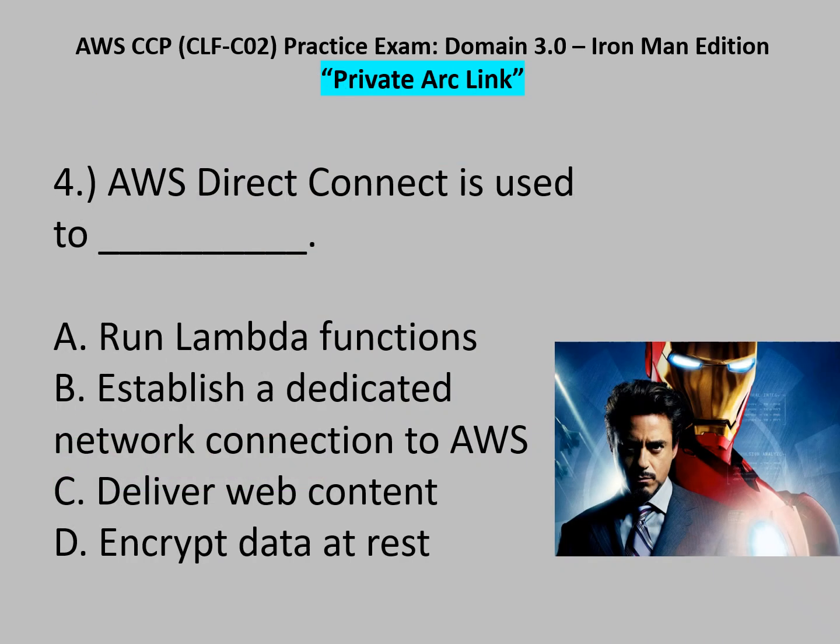Question 4. AWS Direct Connect is used to: A. Run Lambda functions. B. Establish a dedicated network connection to AWS. C. Deliver web content. D. Encrypt data at rest.